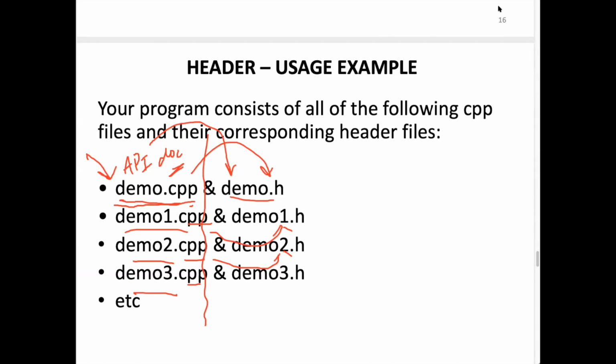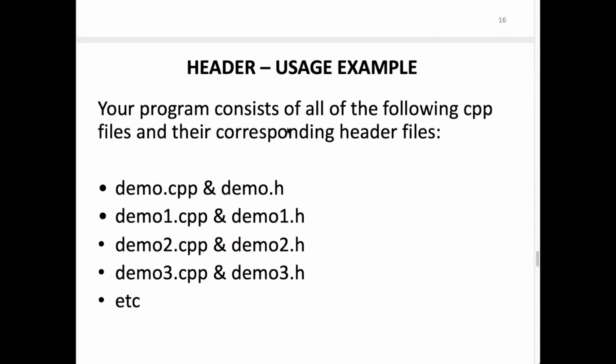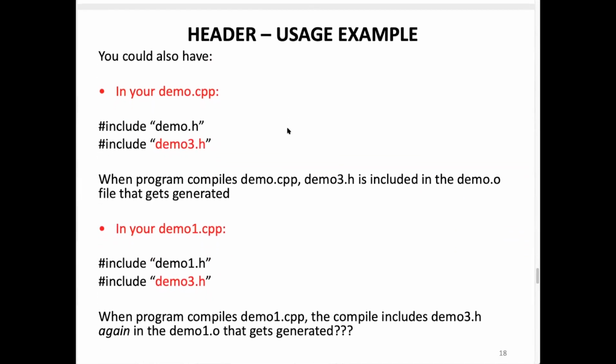So let's look at these header files in more detail. From an implementation standpoint, let's say you have a demo.cpp, you may require having both demo.h and demo3.h in that file, right? So in this case, notice the difference. Now we're talking about a pair of double quotes, whereas in the past, if you look at pound include, you have this angle bracket, iostream, right?